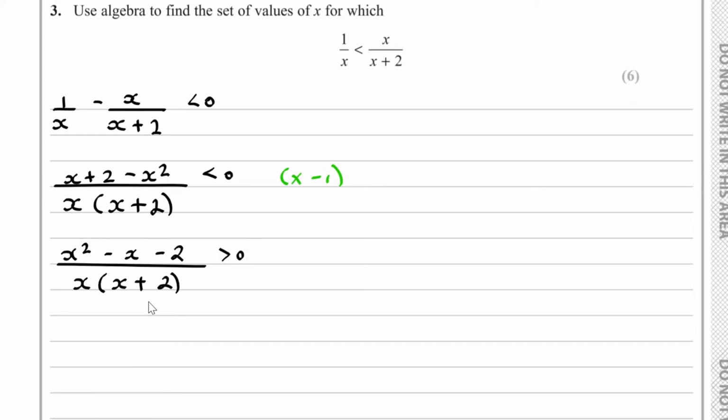With that, we can factorize this. On the top we have x plus 1 lots of x minus 2, and on the bottom we have x lots of x plus 2, and all this is greater than 0. And now let's draw a quick sketch to show this.